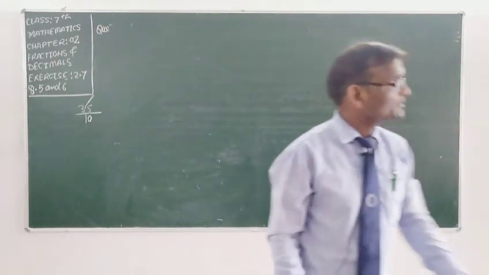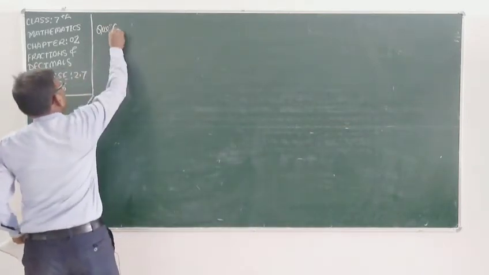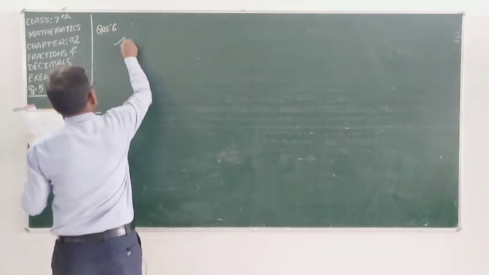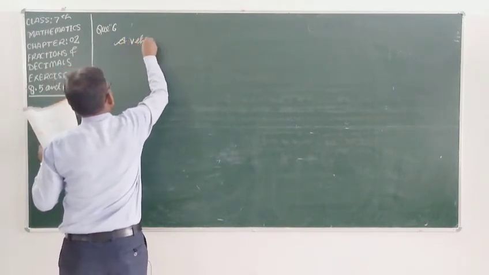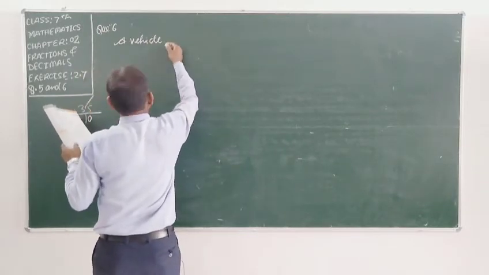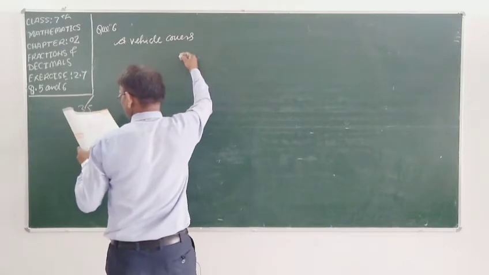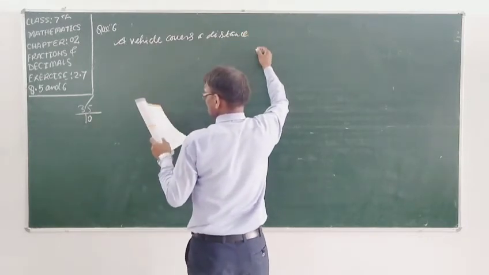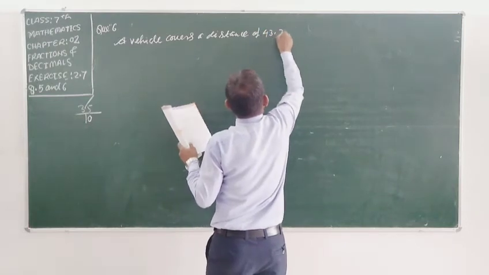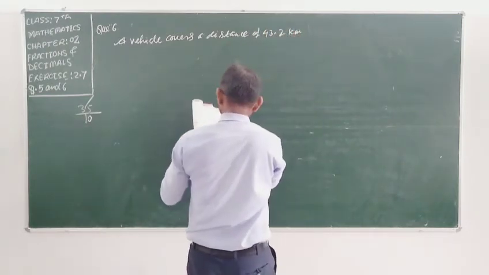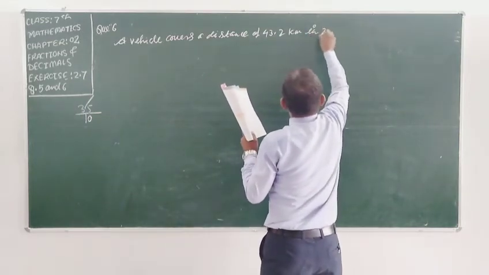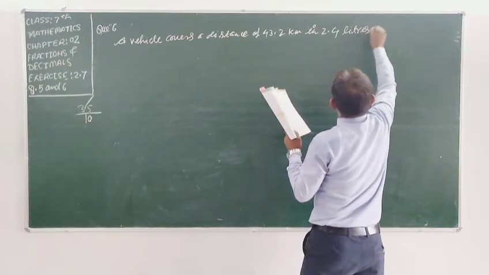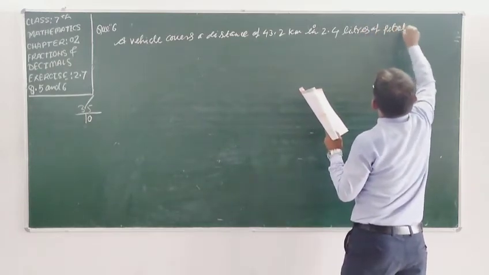So student, firstly I am writing the question. Question number 6 is saying, student, a vehicle covers a distance of 43.2 kilometer in 2.4 liters of petrol.